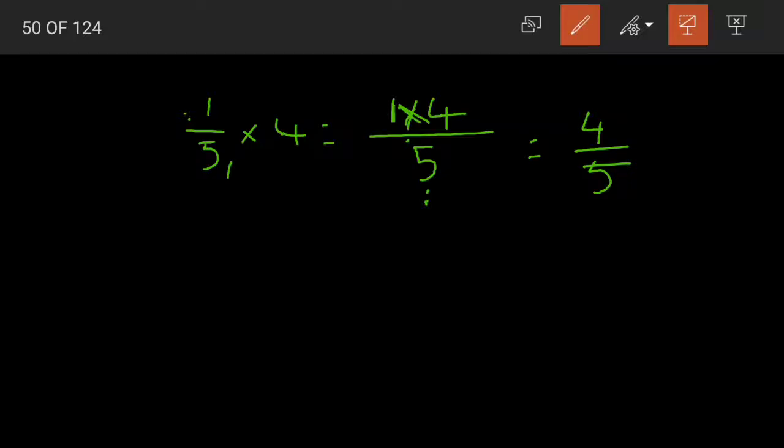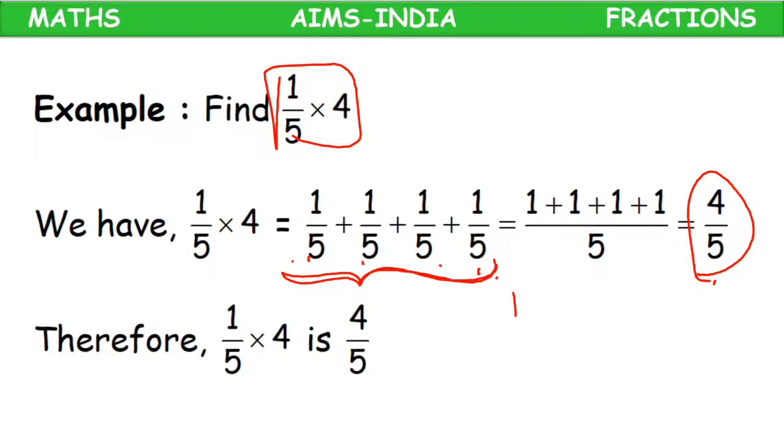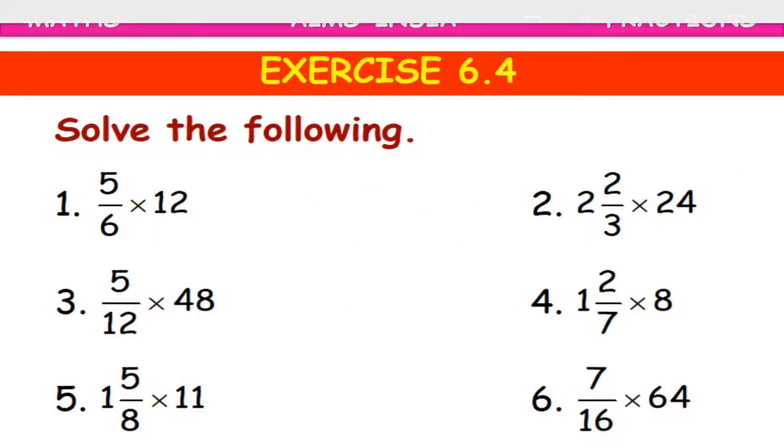Understood, children? Multiplication of a fraction by a whole number: multiply the numerator and whole number together, divided by the denominator. Now multiplications are very much easy because we will not check whether they are like fractions or unlike fractions. There is no need of taking LCM as well. We can directly multiply.